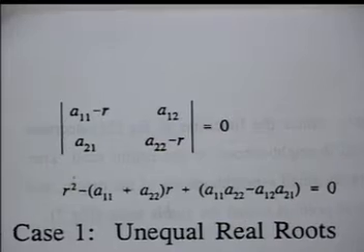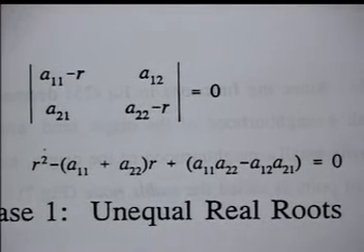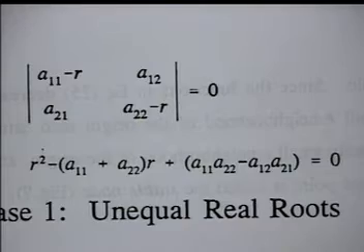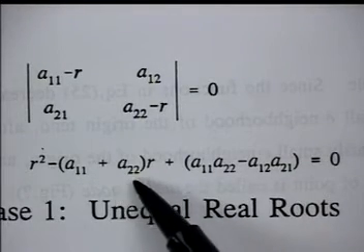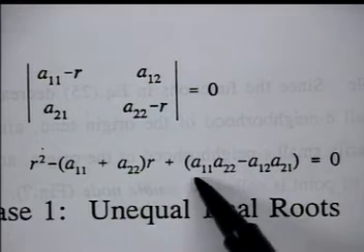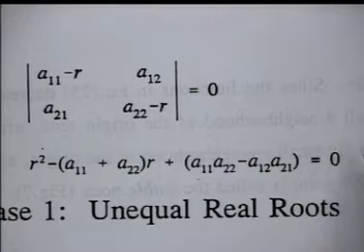What is this? a11 minus r, a12, a21, a22 minus r. And that can be written just like this: r squared minus (a11 plus a22) r plus, that is a determinant, a11 a22 minus a12 a21 equals 0.